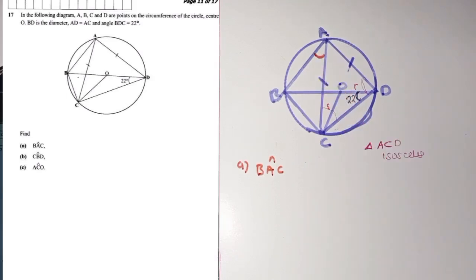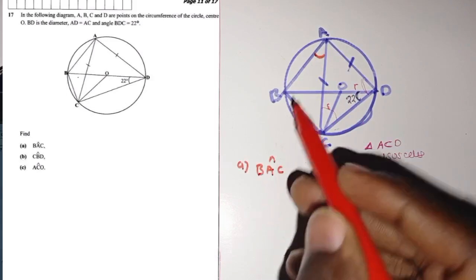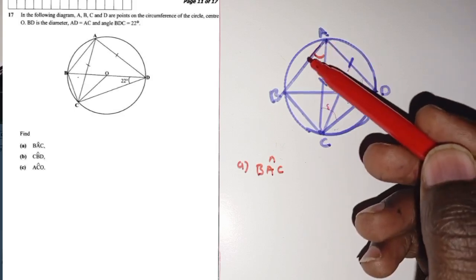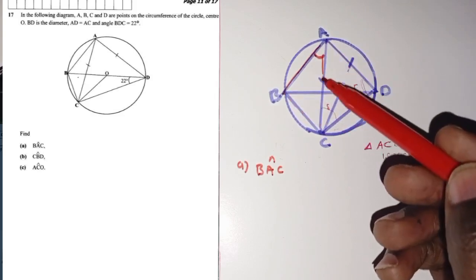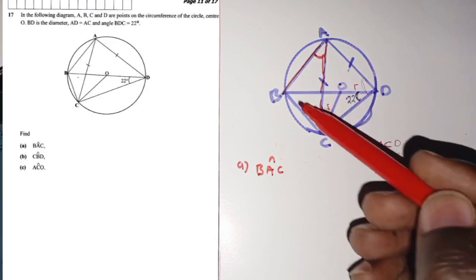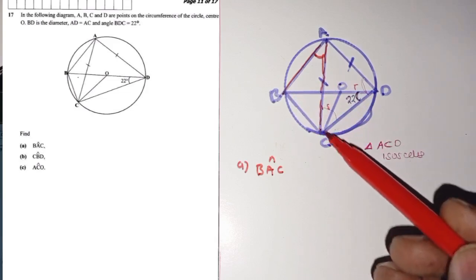Now I want you to remember all the properties we've done. You should know that BAC, what is the origin? That's the first thing you ask. Where is it originating from? You follow its parents, it's originating from B and it's originating from C. Then you ask yourself again, is there any angle originating from BC?